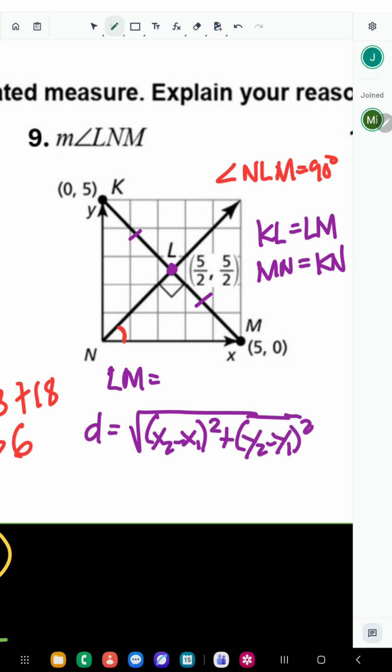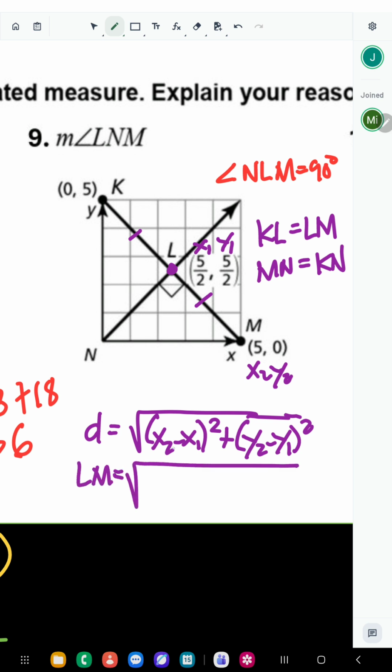So let's say this is x sub 1, y sub 1, x sub 2, y sub 2. So LM is equal to the square root of (5 minus 5 halves) squared plus (0 minus 5 halves) squared.